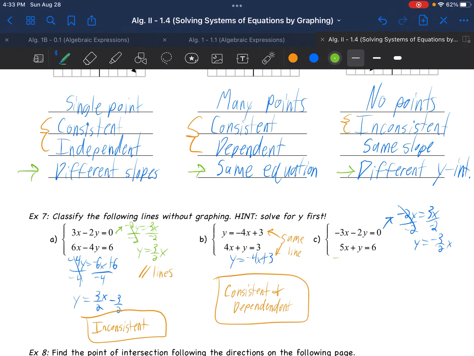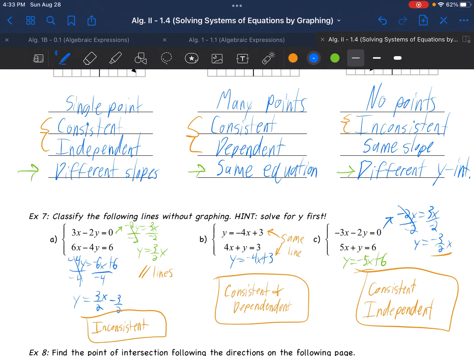The second equation, subtract 5x from both sides to get y equals negative 5x plus 6. They're both solved now, and you'll notice, hey, the slopes are different, meaning it falls under the category where there's only one solution, and so the classification is, hey, it's consistent because there's a solution, but because there's only one, we say it's independent.